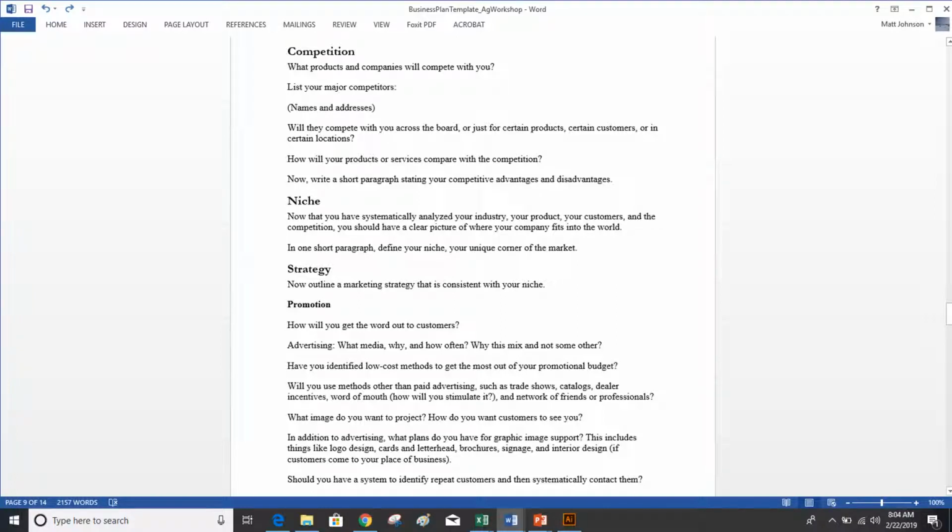All right, then continuing the SWOT analysis, really looking at the competition. Chances are there's somebody already out there doing something similar to what you're proposing to do. So you need to know who they are and what they are doing. By identifying your niche, you're saying that what you're doing is just a little bit different than what's already being done.